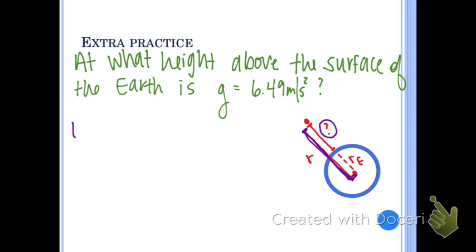We know that g is equal to 6.49 equals big G times mass of the Earth over r squared. Okay? So it looks like we don't have very many numbers, but we do have this one and we do have this one, right? They're just stored in our calculator. So let's go ahead and say, algebraically, what's the first thing that I would do?